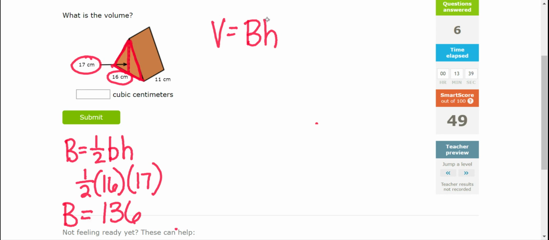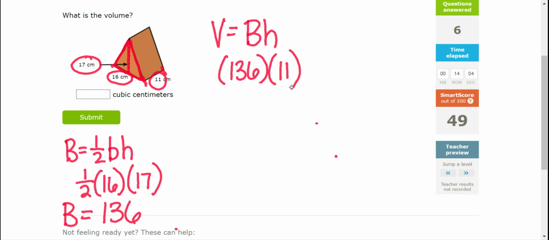So I'm going to come back up here to my formula, and where there's a capital B, I'm going to substitute in a 136. The height is going to be the distance from the front triangle to the back triangle, or the bottom triangle to the back triangle, and that's going to be this measure right here, which is 11.